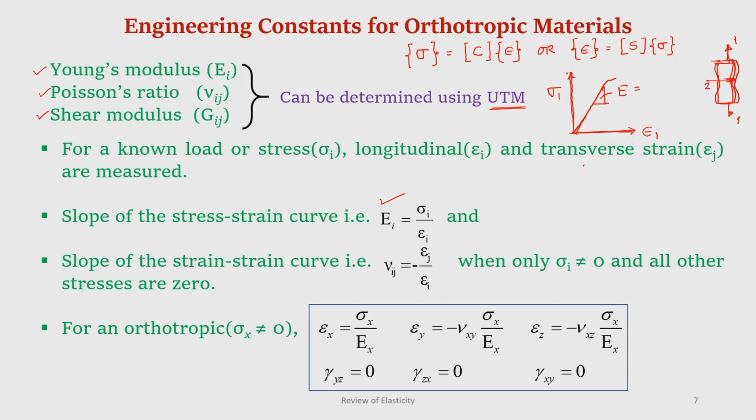Similarly, we can draw the longitudinal strain versus the lateral strain. Suppose this is the curve. I am drawing it in this direction because generally for an isotropic material, if epsilon 1 is positive, epsilon 2 is negative. Therefore, I have drawn it on the other side, and the slope of this curve is nothing but Poisson's ratio.